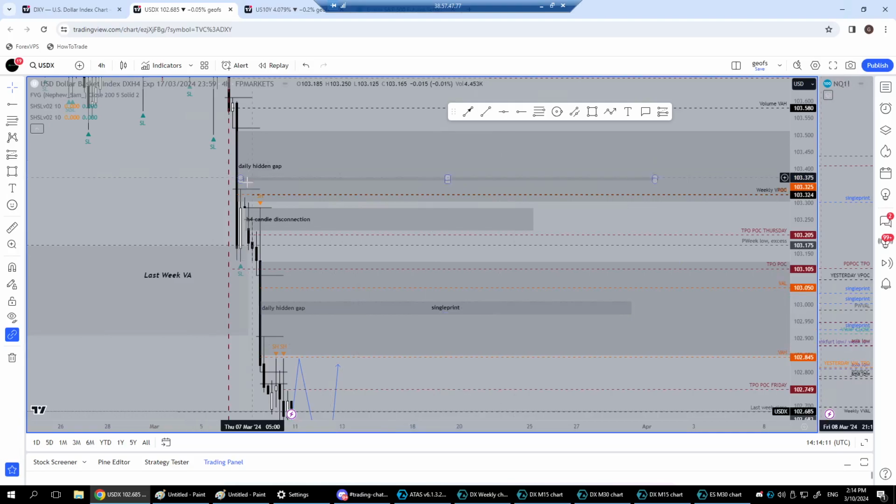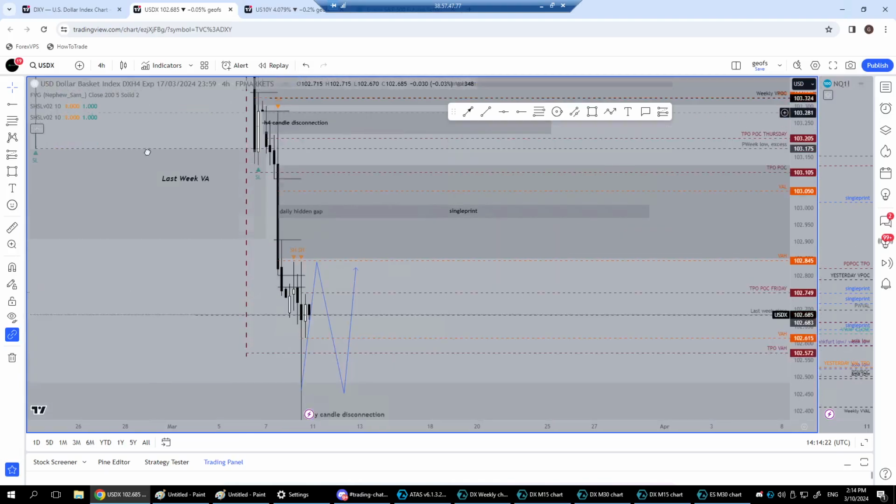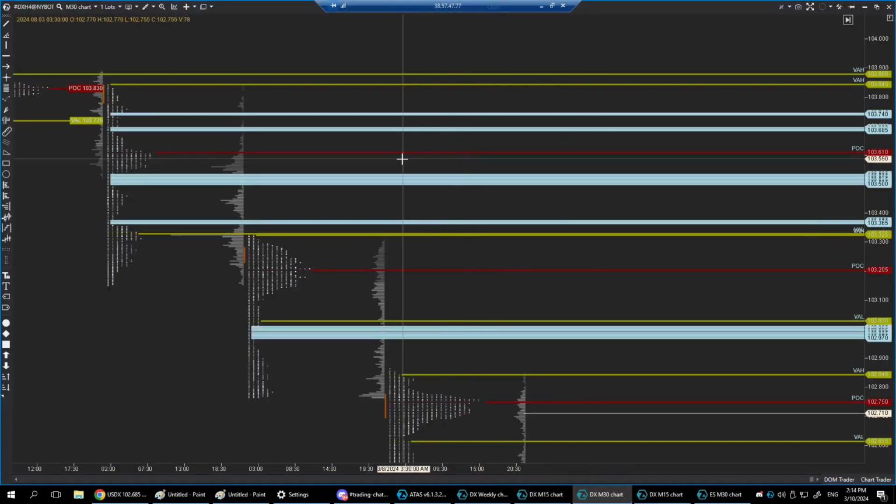Wow, that is a very small single print. I think that's enough for now on Dixie. Just need to check the volumes, I guess.